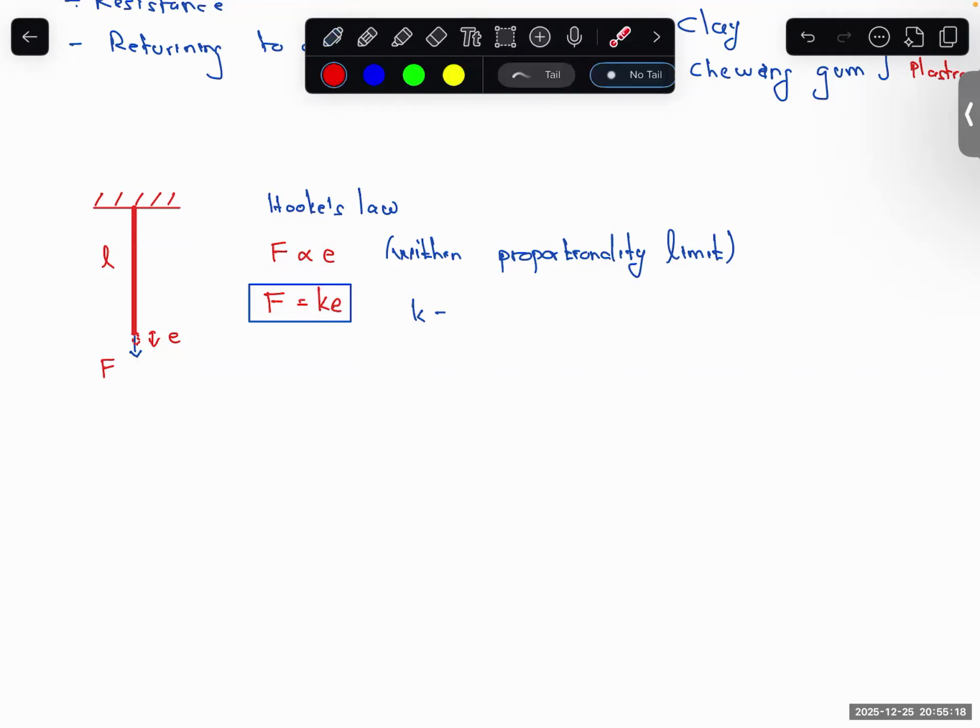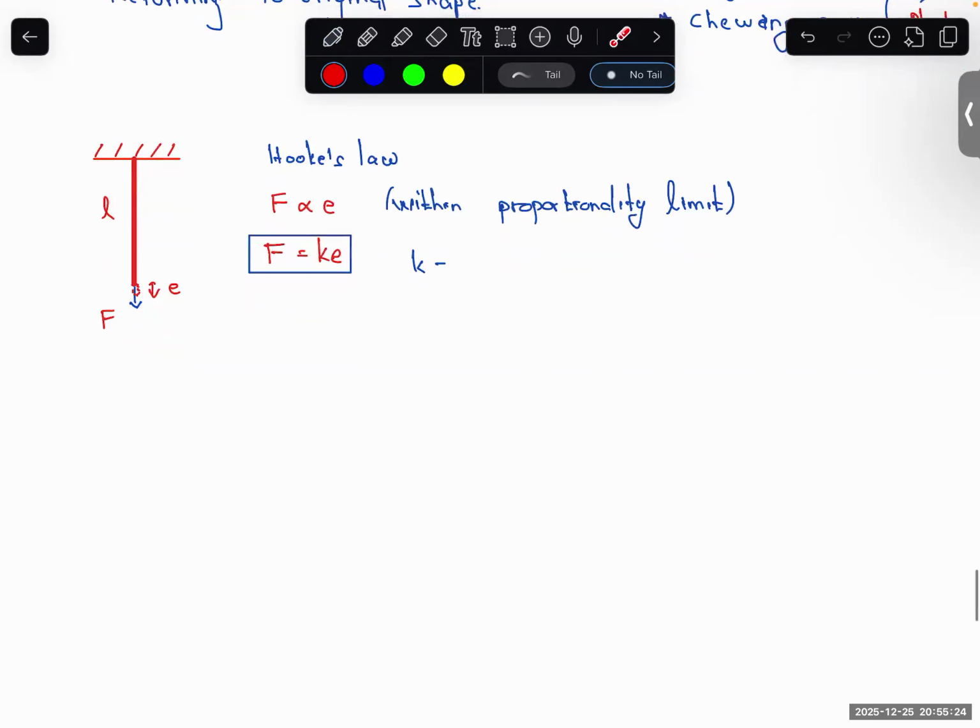Does it depend on the length of this? Students, does it depend on the length of this? Yes. Does it depend on the area of cross section? Yes. Very good. A. Does it depend on the material that it is made up of?